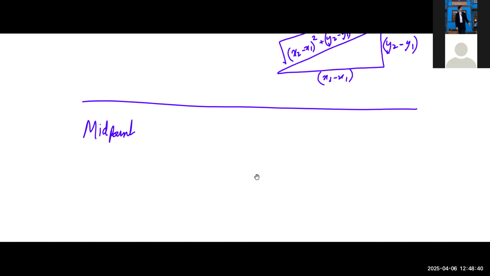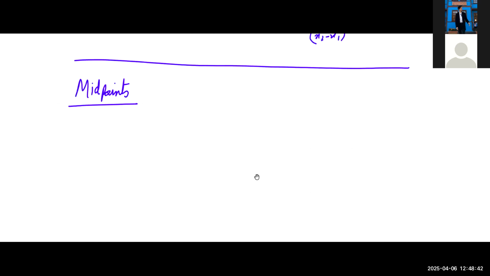Midpoints are actually pretty easy. Think about it like this. Let's say you have this point and this point, and let's only think about it from the x perspective for a second.